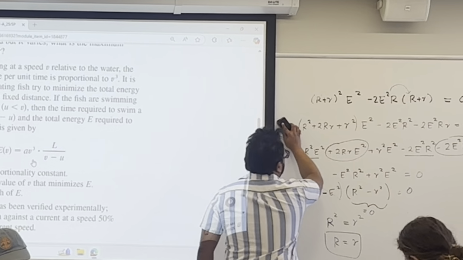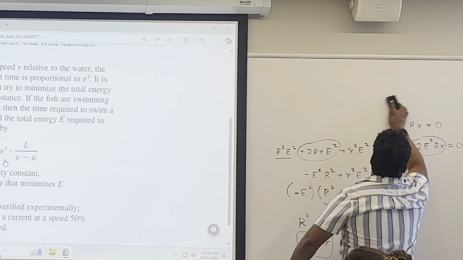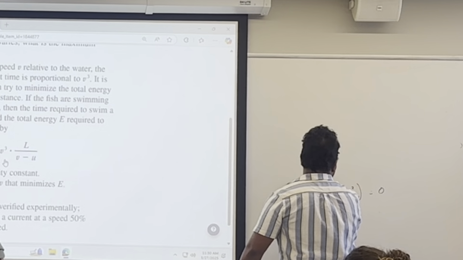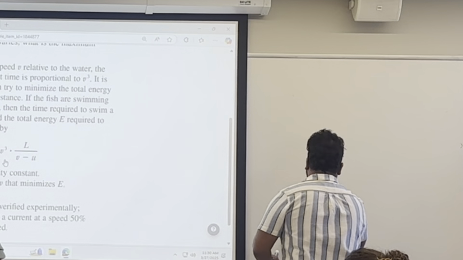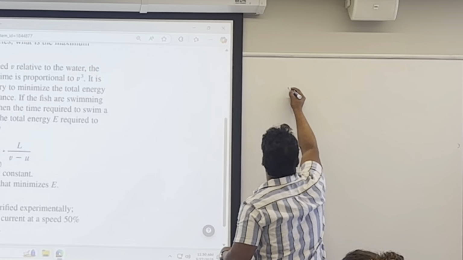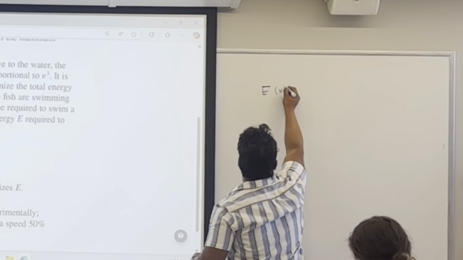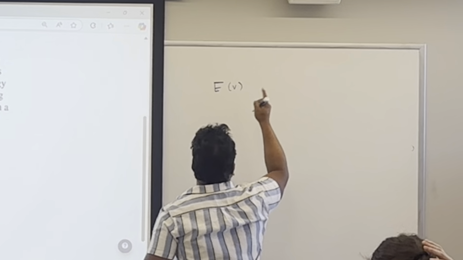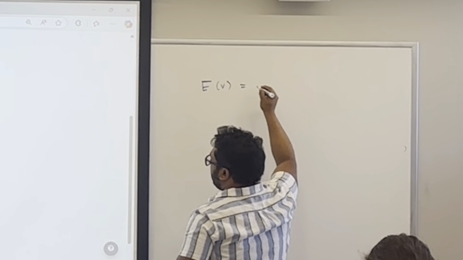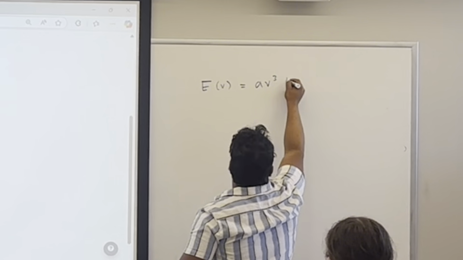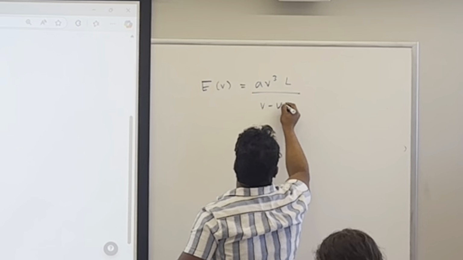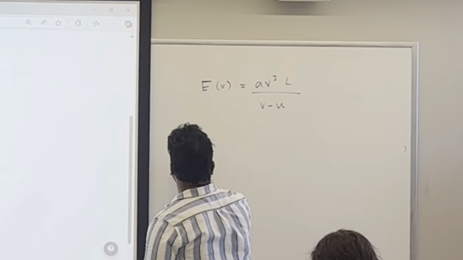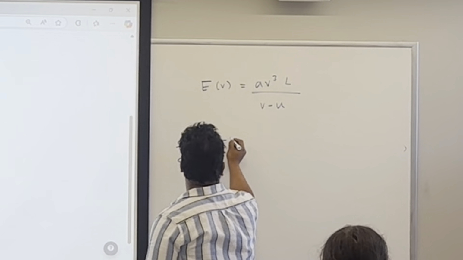So A, L, u are constants. You have the energy as a function of the speed of the fish: A v cube L over v minus u. I need dE over dv, which is E dash v.